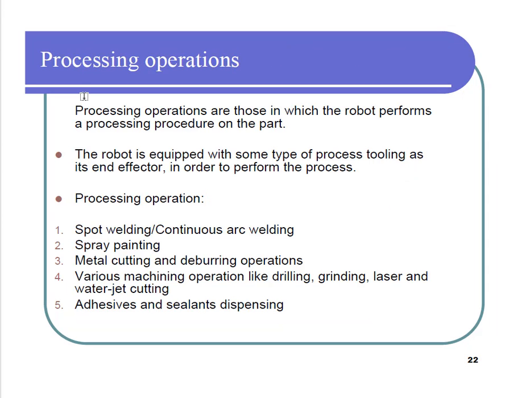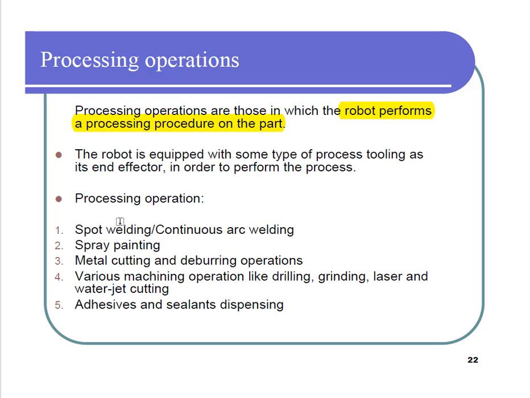The second basic operation of a robot is the processing operation. Processing operations are those in which the robot performs a processing procedure on the part. The robot is equipped with some type of process tooling on its end effector in order to perform the process.